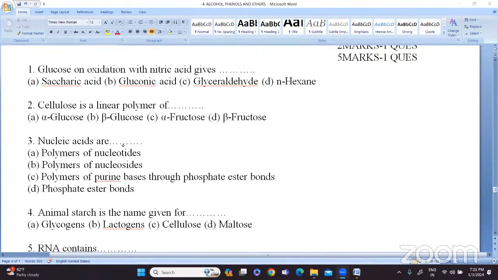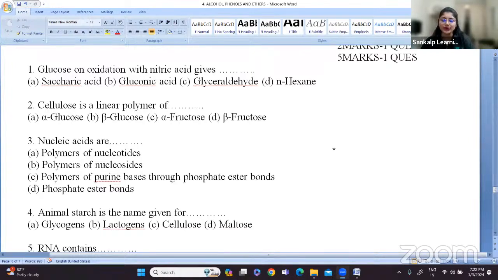Nucleic acid means what? It is made up of nucleotides.